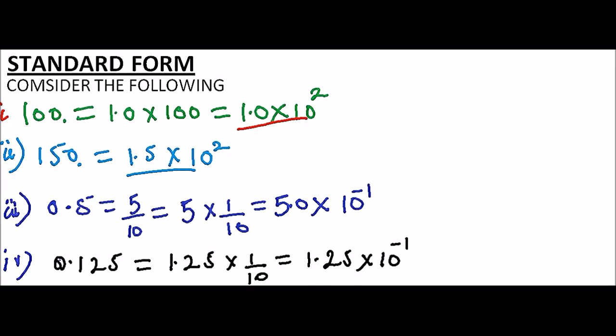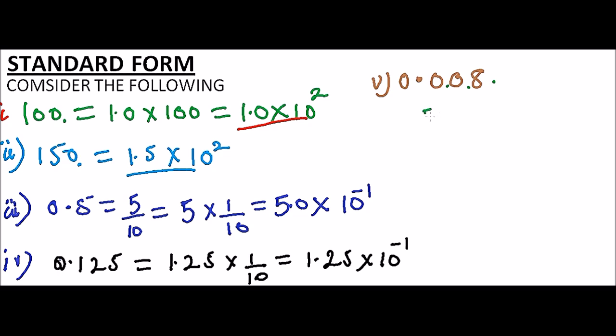Let's have another number, our last number, which is 0.008. So to write this number in standard form, we move this decimal point 3 decimal places to the right. So 1, 2, 3.